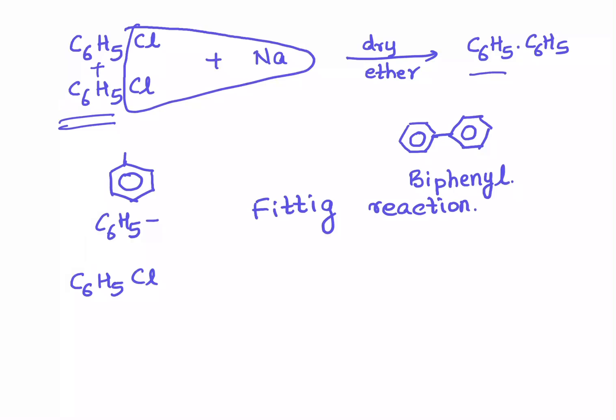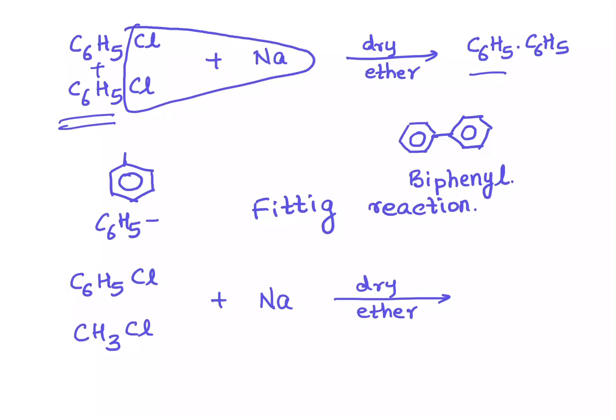Yes, you can put a plus sign over here in order to avoid confusion. And let's say an alkyl halide. Let's try it. Yes, literature tells us that yes, we can again carry out this reaction.